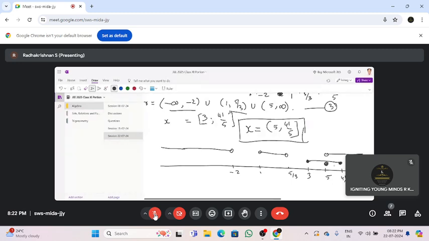Now you look at both, where it is satisfying both. Where is the intersection? There's no intersection except 5 to 41 by 5. When you draw the line, it becomes very clear. 5 to 41 by 5. 5 is open bracket. 41 by 5 is closed bracket.